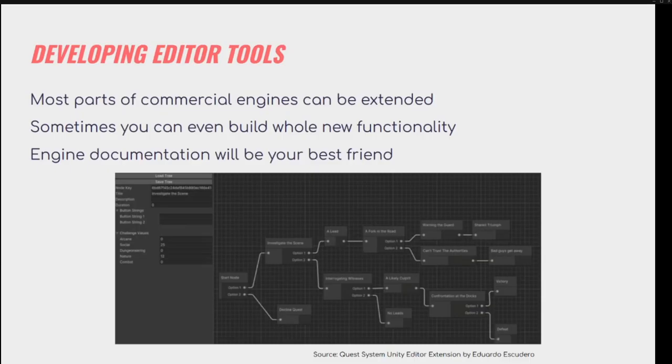Engine documentation will usually be your best friend, but in the image below, which is a quest system editor that I built within Unity, this was built using the node graph tool, which is a piece of UI that Unity supports and provides. However, the documentation for it is really bad. Like they only tell you what classes exist and what functions they have, but not what they do.